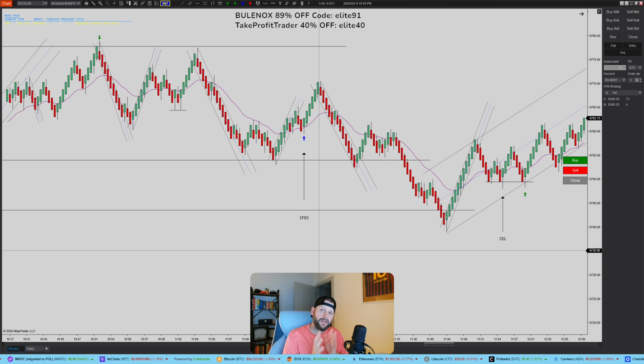Just stick to second entries, stick to triple test and lower highs and higher lows, and then eventually evolve into failures. The failures, the lower highs, higher lows will come naturally to you. I learned second entries first, and then I gradually went to triple test, and then lower highs, higher lows, and then failures.